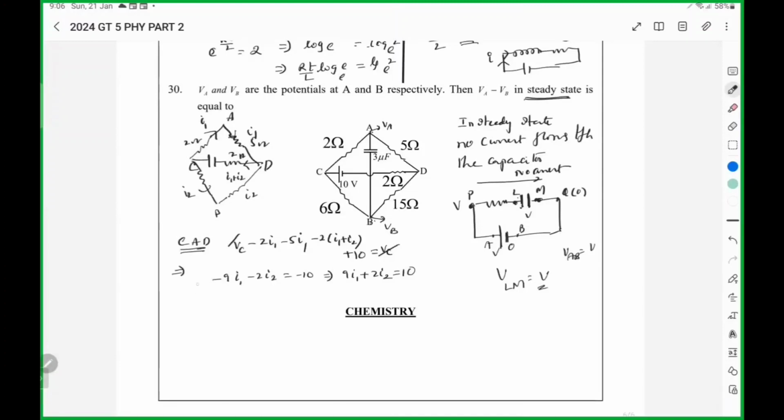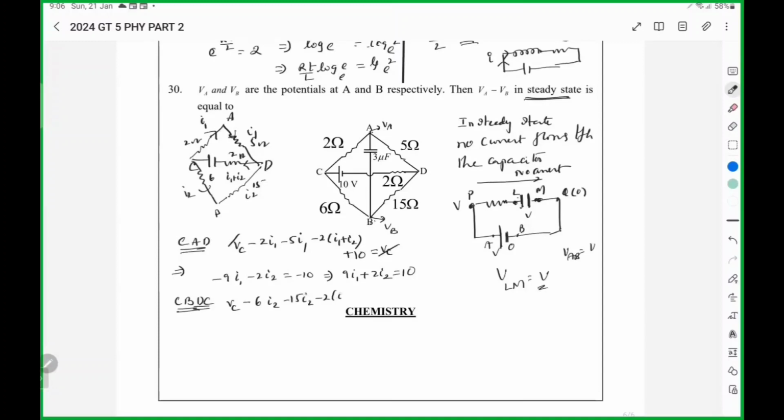If I consider the CBDC loop, VC minus 6I2, here what is the resistance? 15.